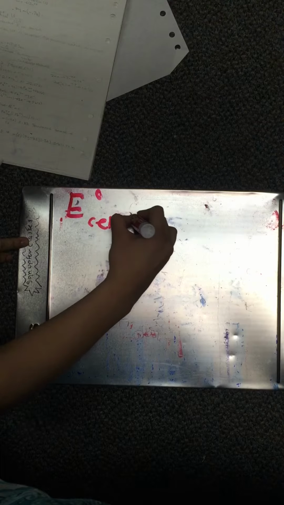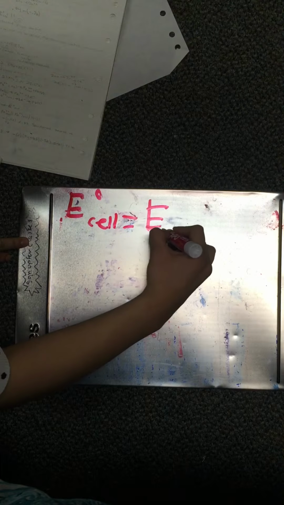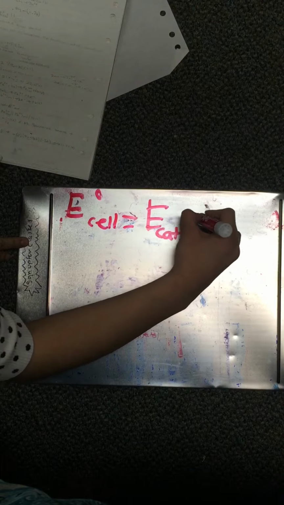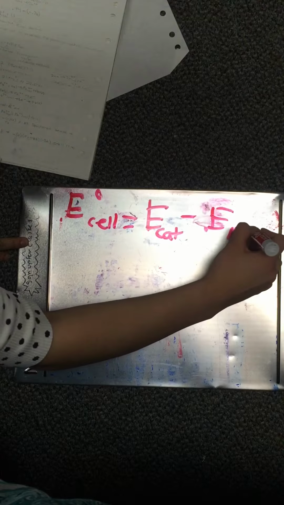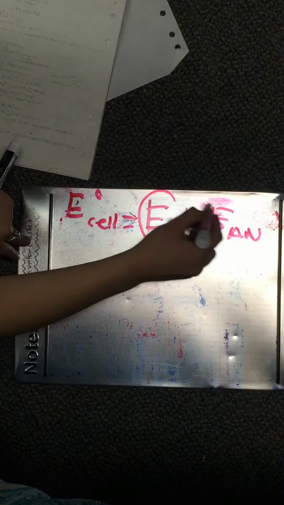And so after we did that cell notation, we did how to calculate the E naught of the cell, and we use this formula, E of cathode minus E of anode, and we find these values in the table in our chemistry book.